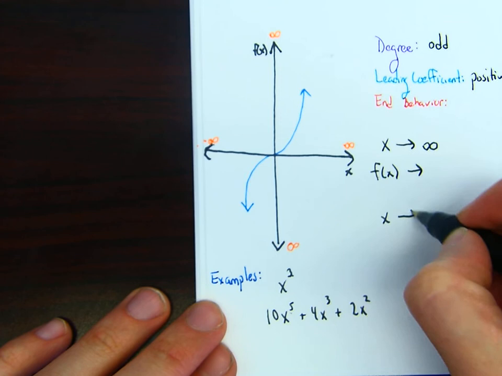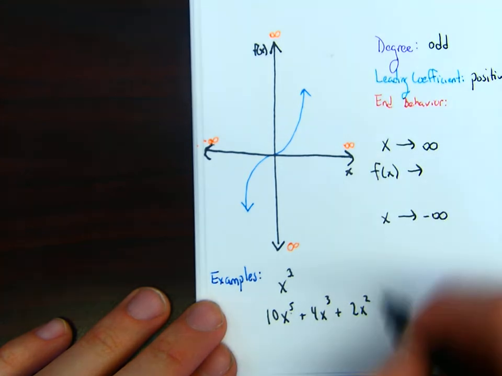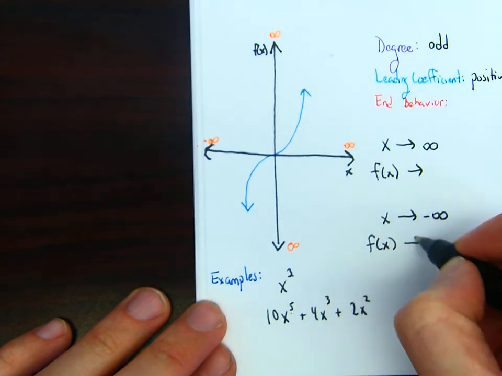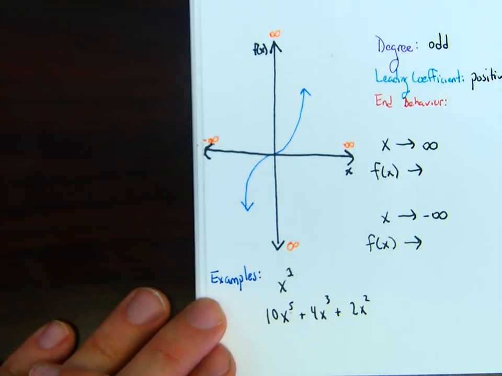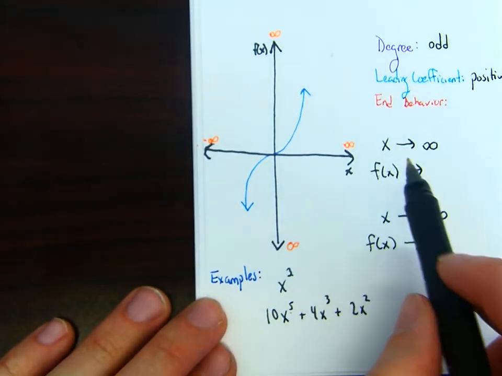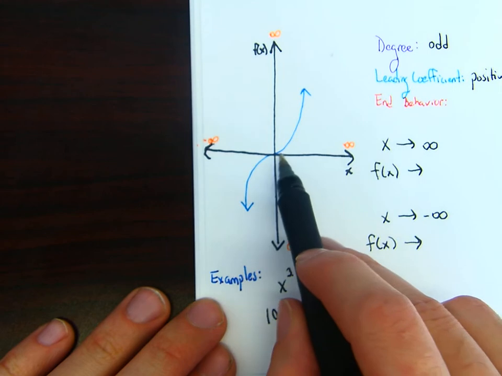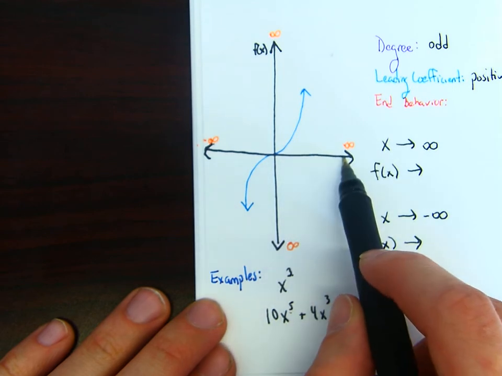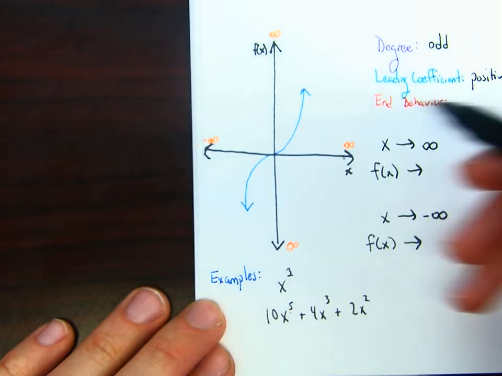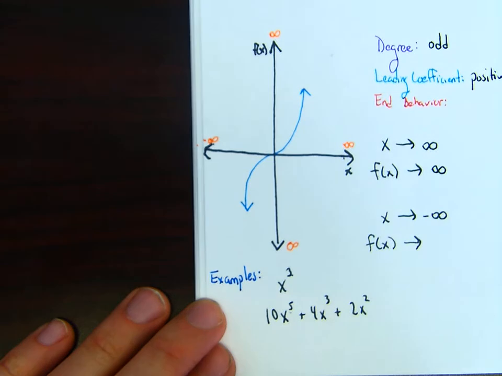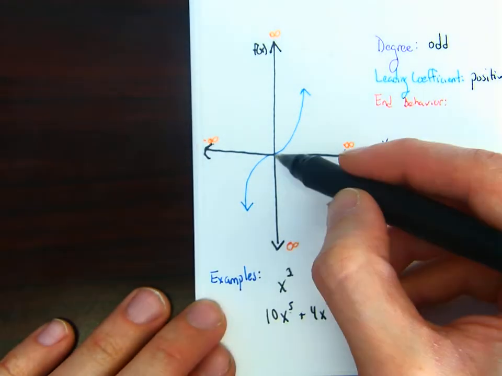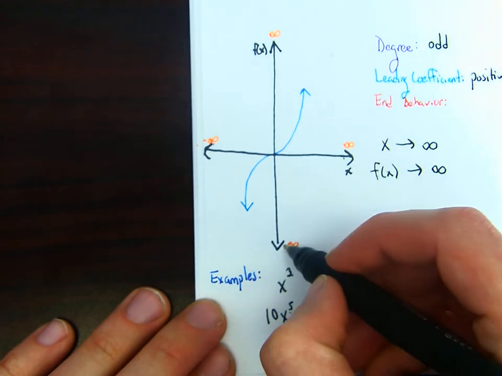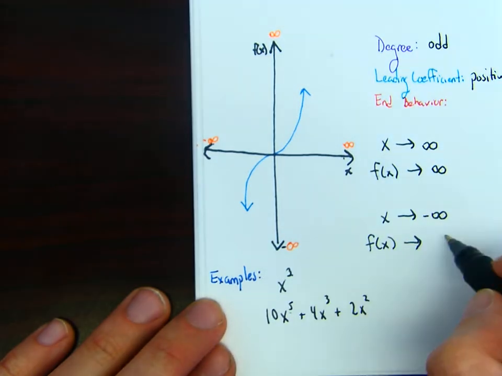As x approaches negative infinity, what's happening to my f of x value? Be patient, take your time. Here, as x is going to positive infinity, your f of x is also going to positive infinity. As x is going to negative infinity, your f of x is going down to, oh, I'm sorry, there's a typo here. That should be negative infinity.